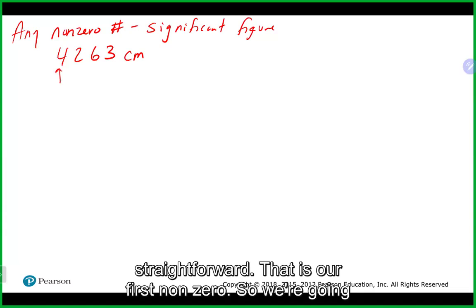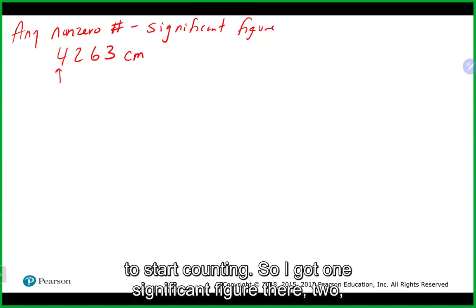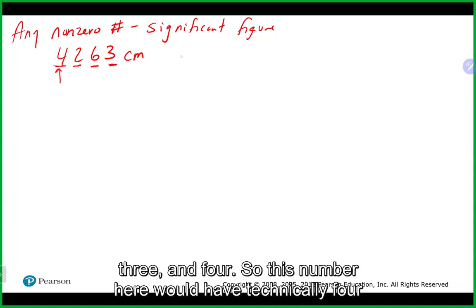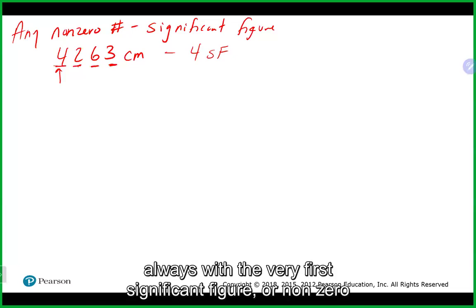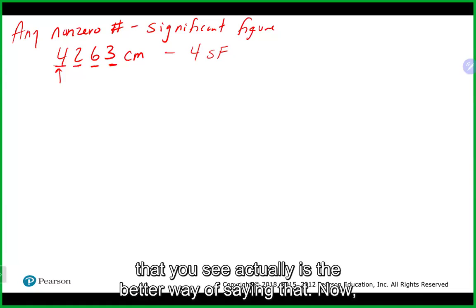That is our first non-zero, so we're going to start counting. So I got one significant figure there, 2, 3, and 4. So this number here would have 4 significant figures. So always left to right, start counting with the very first non-zero that you see.